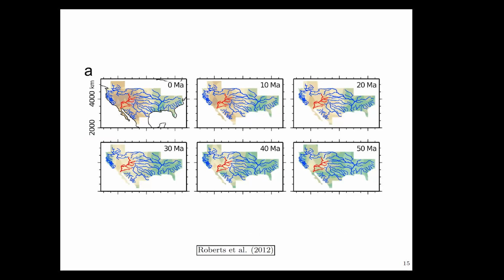And the conclusion from their study is that there is a significant episode of uplift starting from 25 million years, continuing to present day, and there is another significant uplift at 5 million years.